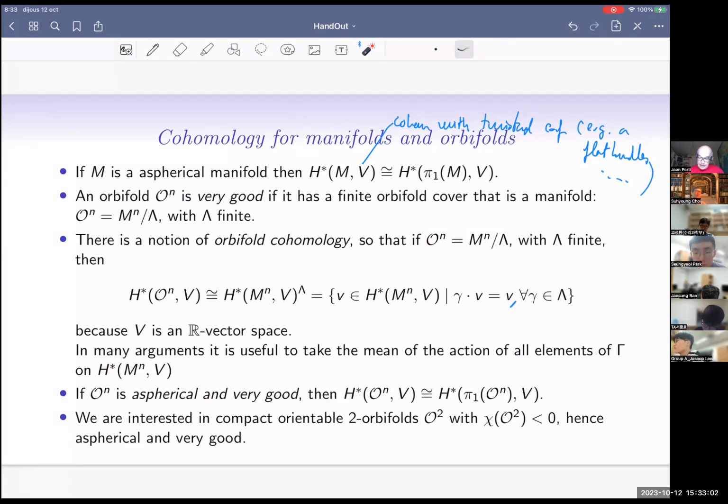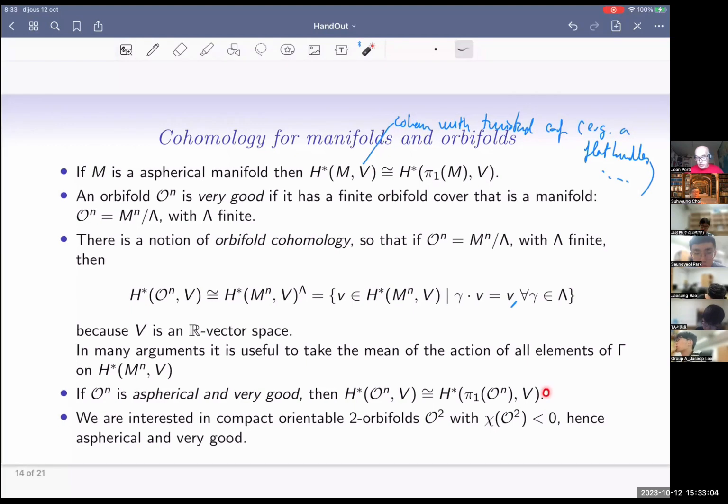And we have the same thing as for manifolds. If my orbifold is aspherical, which means that the universal covering is contractible, and very good, so it has a finite covering which is a manifold, then the orbifold cohomology is the same as the group cohomology. We are interested in compact orientable orbifolds with negative Euler characteristic, maybe with boundary or without boundary, which are hyperbolic, which admit a hyperbolic metric.